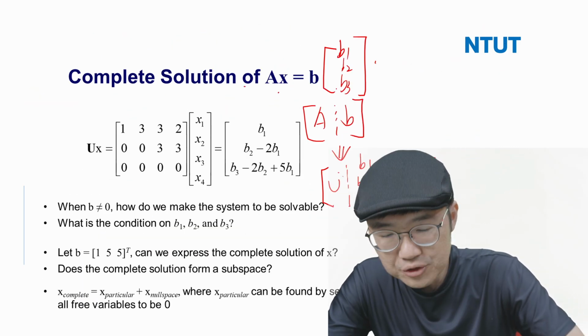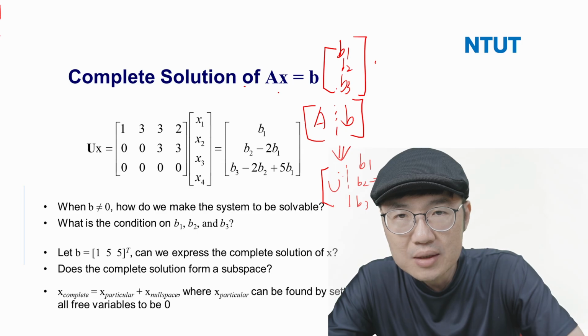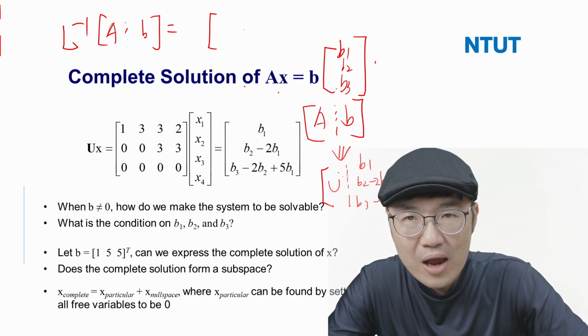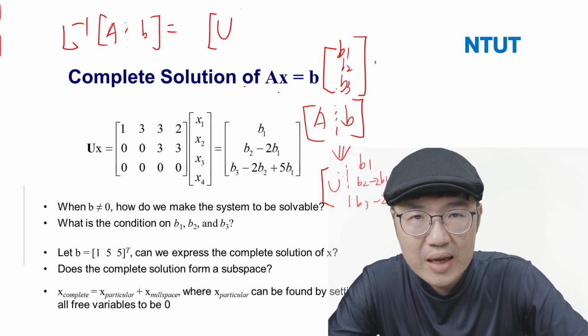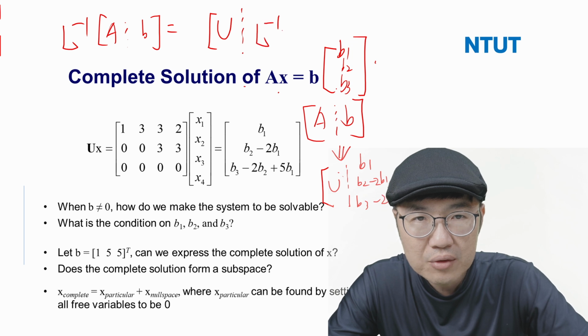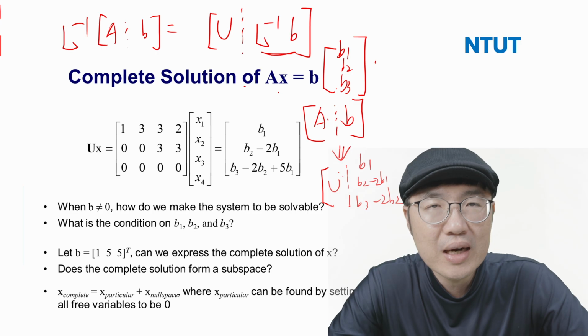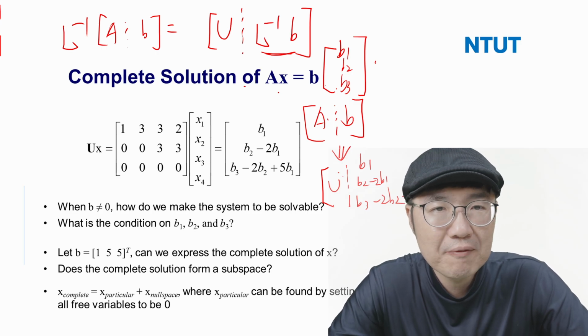It's natural, because when you apply the Gaussian elimination for A and b, the L inverse A brings A to U, and L inverse b becomes the right-hand side, whereas b is a 3x1 vector.